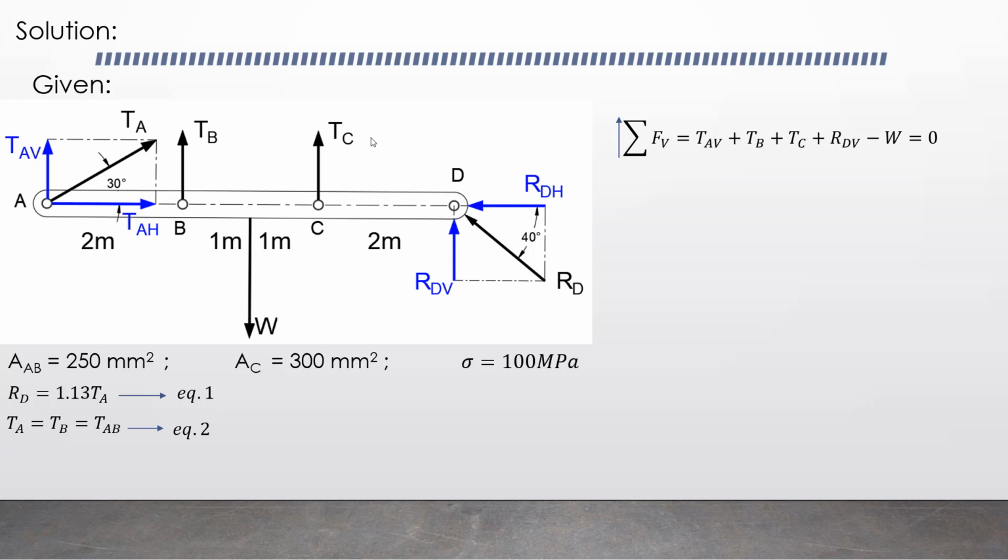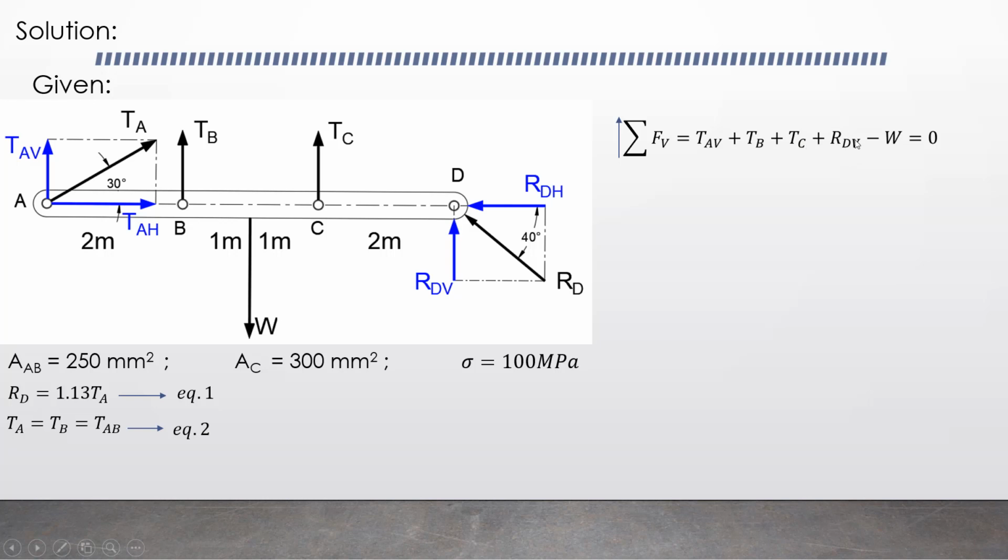And then next is the tension C. It is also going up, so we're going to add tension C. And then next is the vertical component of the reaction at D. It is also going up, so we're going to use a positive sign here.